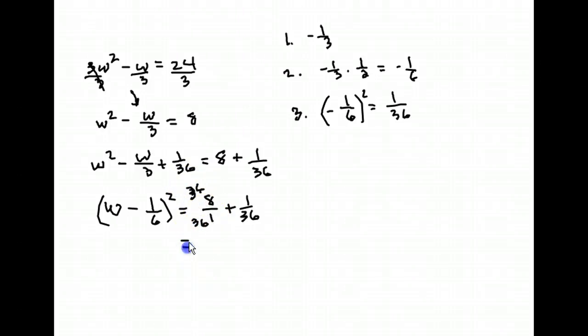So that's going to end up giving us 289 over 36, because 8 times 36 is 288. So we have w minus 1 over 6 squared equals 289 over 36.